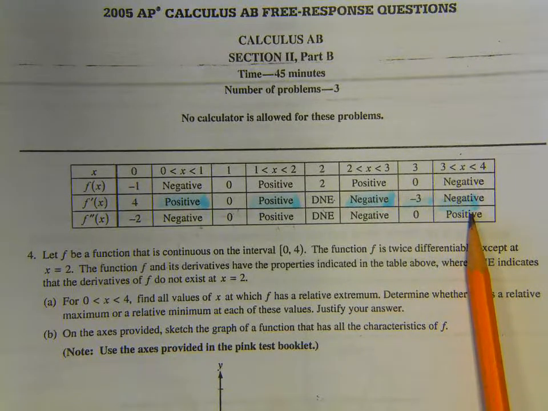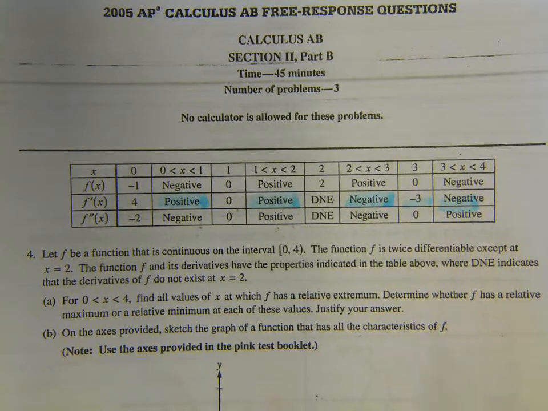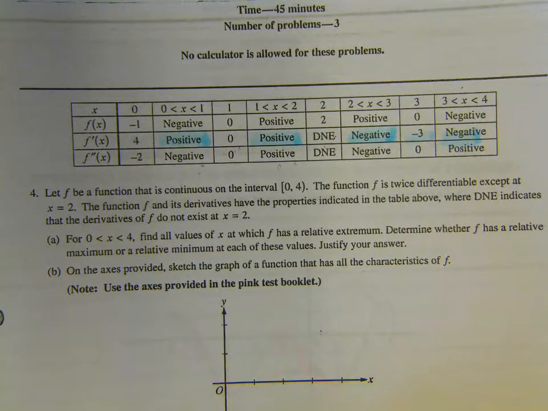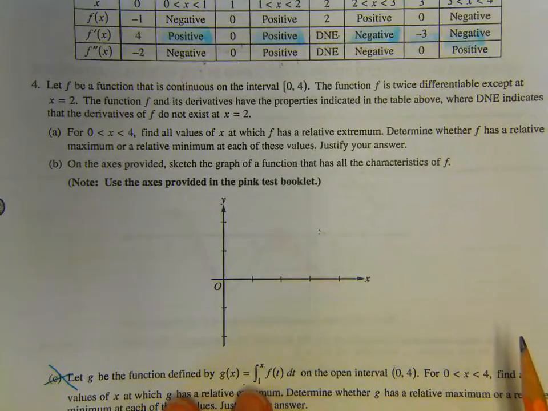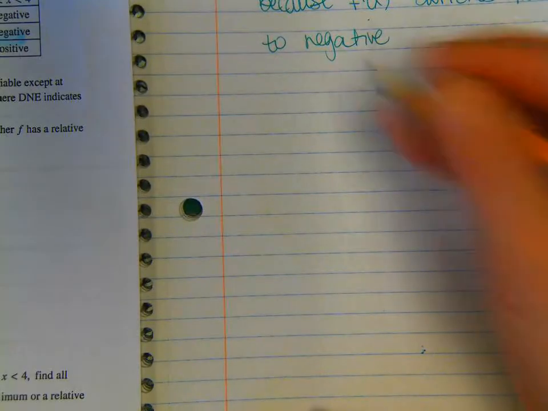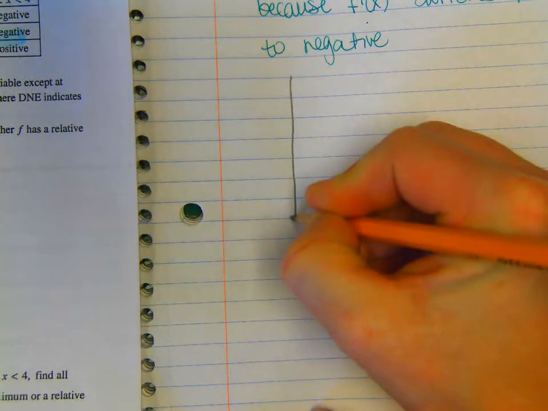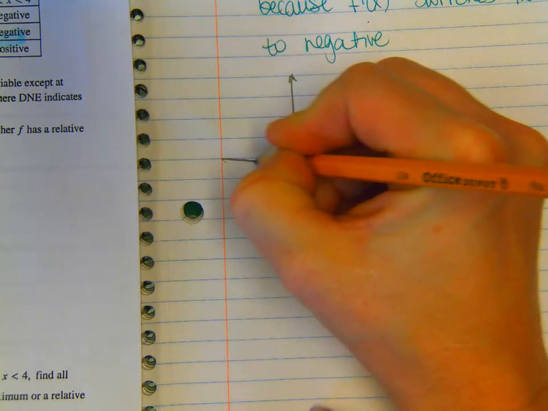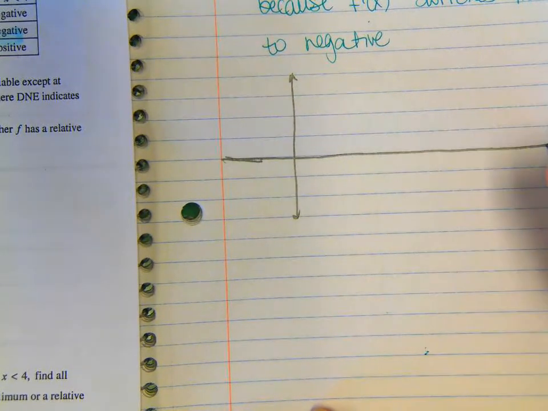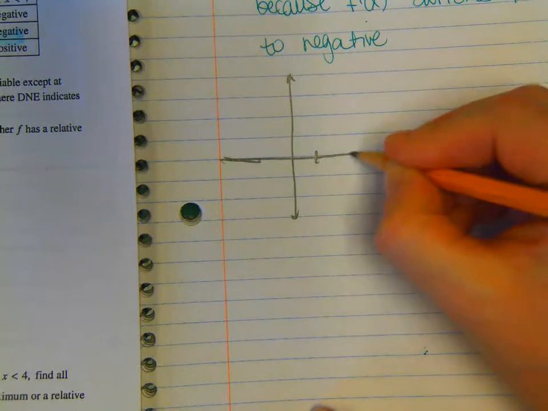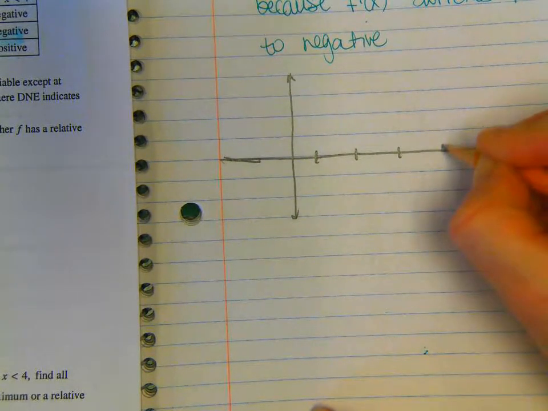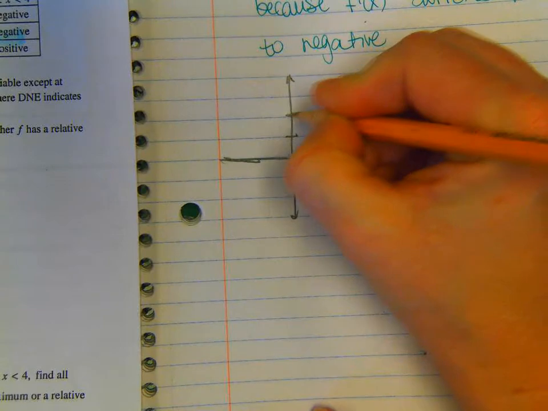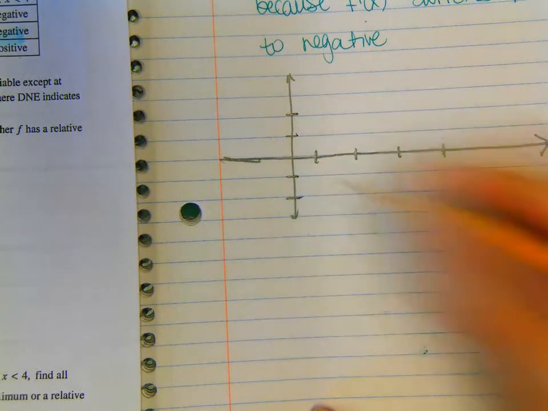Lots there, right? Are we told what f of 0, f of 1, f of 2, f of 4 is? Alright, I'm going to transfer this. You can do it right on that graph if you want, but here we go. Sketching graphs is tough. First of all, let's start with this.